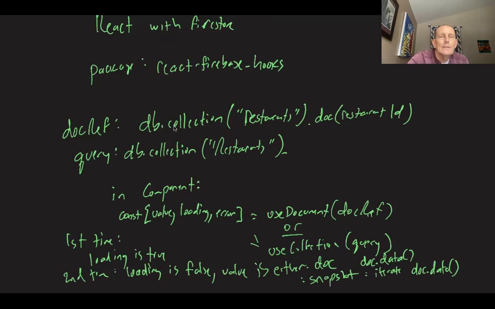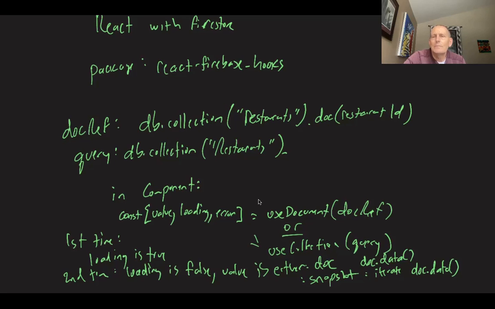The key thing is this re-rendering happens automatically. Both useDocument and useCollection register a listener. Whenever the listener is called, that causes the component that has the hook in it to re-render, and you get a new value.